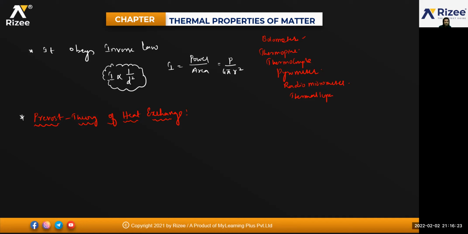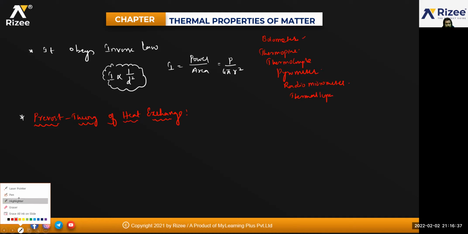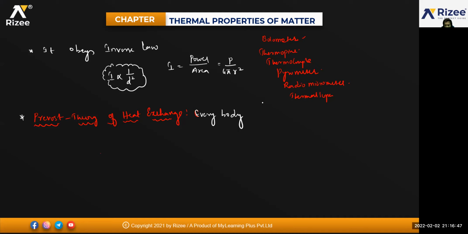What does this say? Every body emits and absorbs heat radiations at all temperatures except at absolute zero.